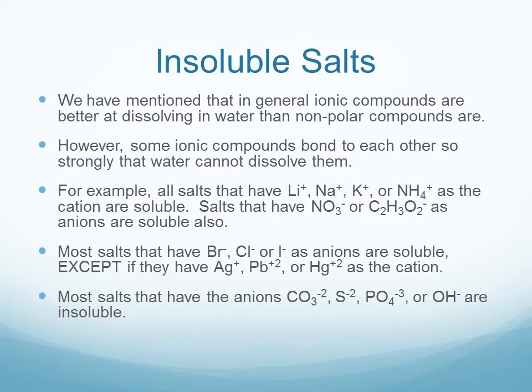They list some salts as being soluble if they have lithium, sodium, potassium, or ammonium as the cation. Nitrate and acetate anions are also very good for solubility. Bromine, chlorine, and iodine are good for solubility except with a few cations that bond them too strongly, like silver, lead, and mercury. In contrast, a lot of salts that have anions such as carbonate, sulfide, phosphate, or hydroxide are not as soluble.